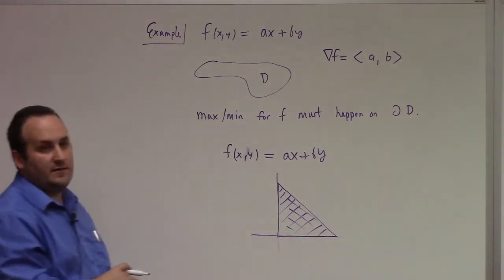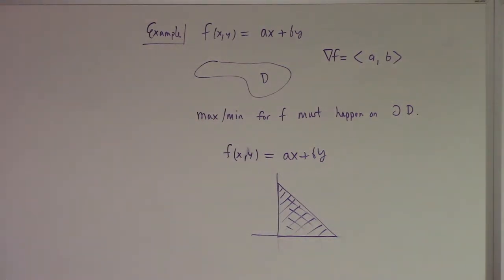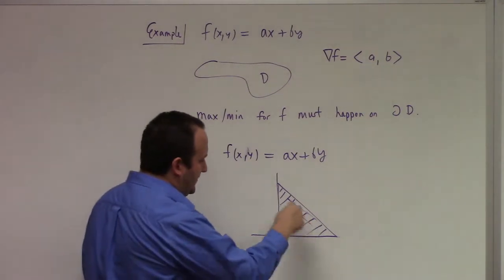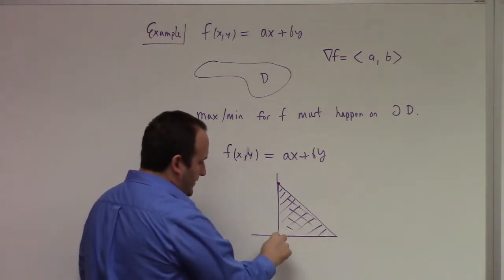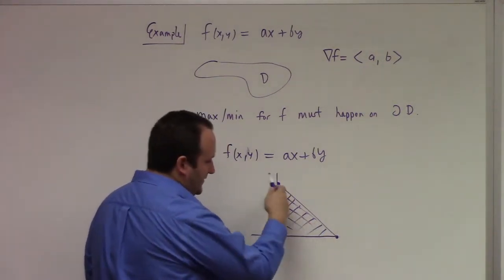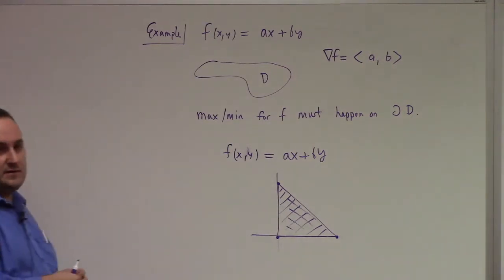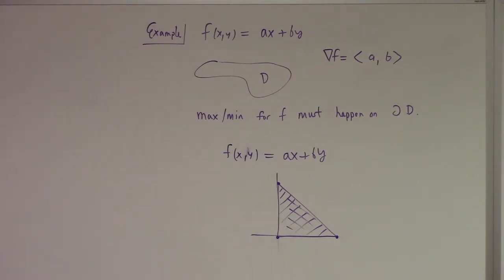Maybe you've seen this technique called, what is it called? Geometric programming, or linear programming? I think linear programming. Basically, the moral of the story is that if your variables are bounded by a polygonal region, you just check the vertices of the polygon, because the maximums or minimums have to be there.